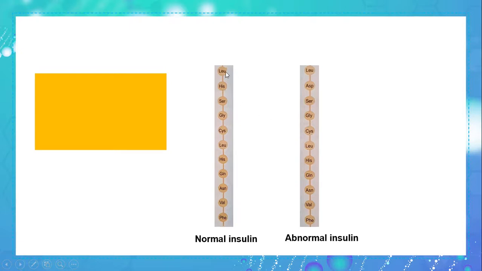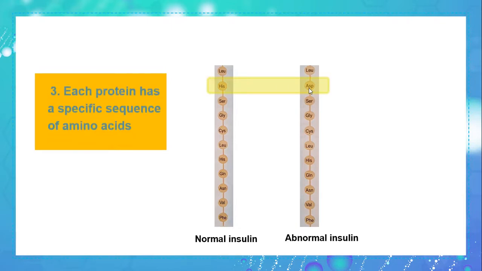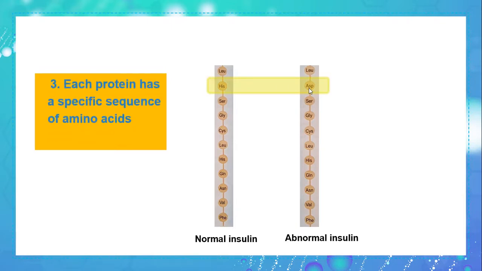We notice that they both have the same constitution of amino acids except for one amino acid, which is histidine in the normal insulin chain, replaced by aspartic acid in the abnormal insulin. Here we can conclude the last characteristic, which is that each protein has a specific sequence of amino acids.